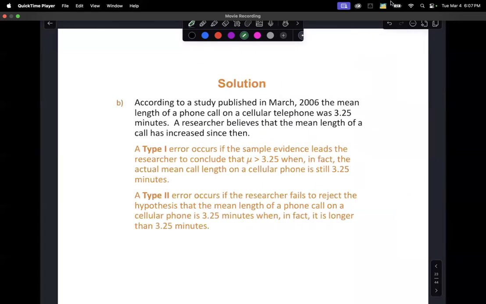A type 1 error is saying that the researcher has evidence to show that the mean is greater than 3.25 minutes, however, the average length of a call is only 3.25 minutes. A type 2 error would be saying I don't have sufficient evidence to show that a cell phone call is greater than 3.25 minutes, but it is actually longer than 3.25 minutes.